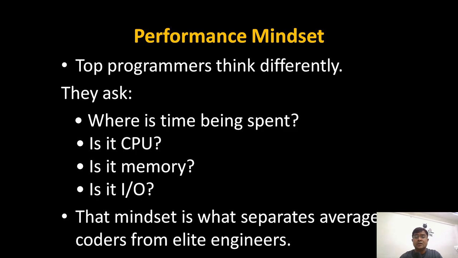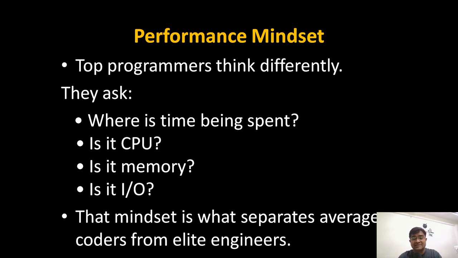So now let me show how the top programmer thinks. They ask the question: where is the time being spent? Is it in CPU, in memory, or in IO operations? That mindset separates them from the average coder, right? You have to ask this question so that you know where you can improve and where the time is being spent.